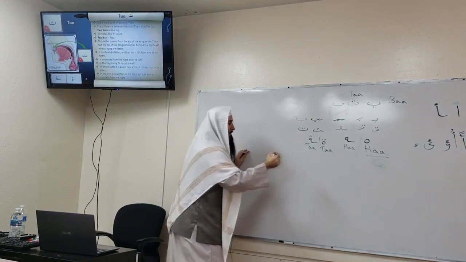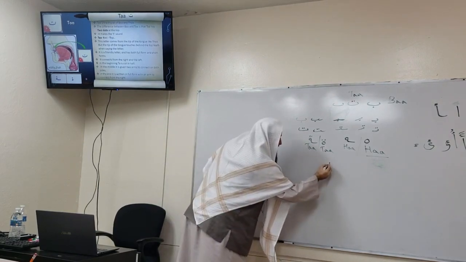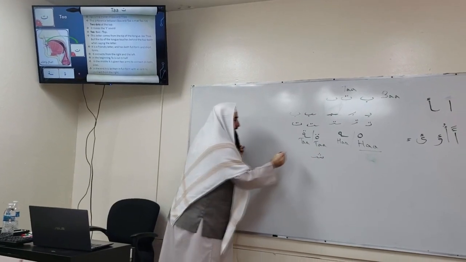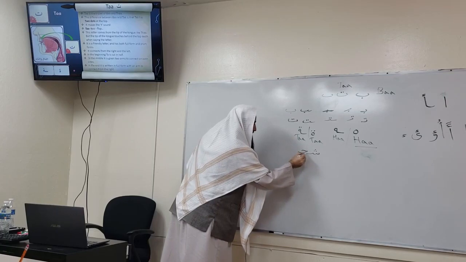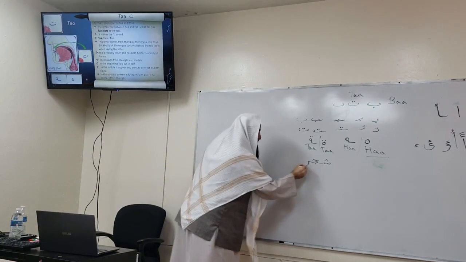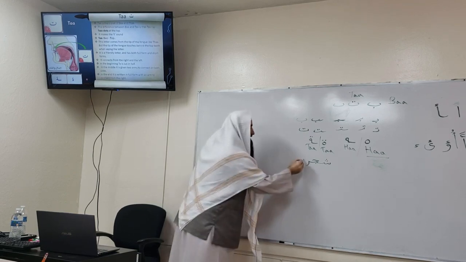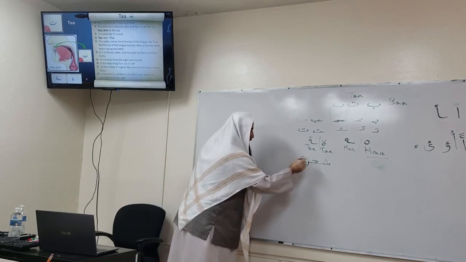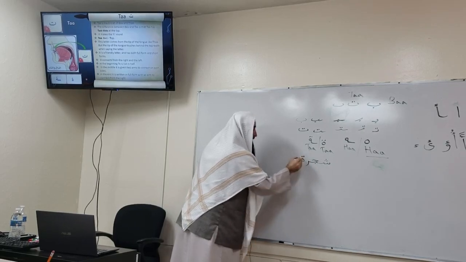For example, I will put here this is the letter Shin with three dots. And this is the letter Jim, with one dot in a bar. This is the letter Ra, and this is the letter Ta. Because Ra doesn't connect, we take Ta with two dots.